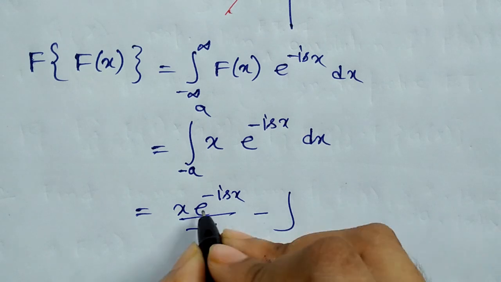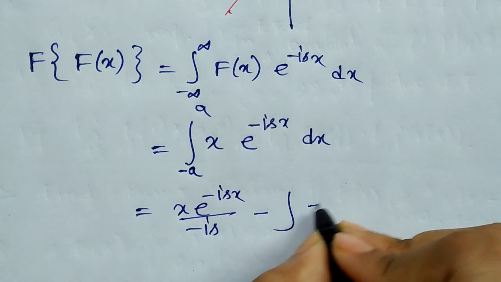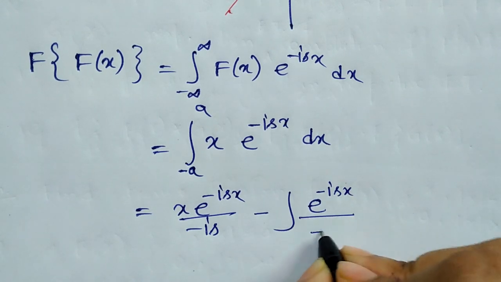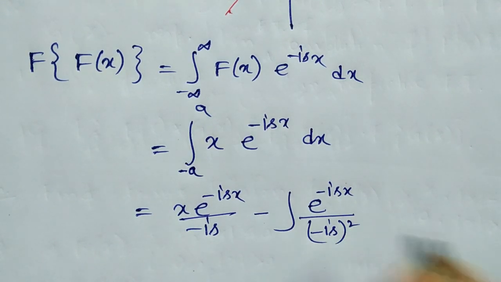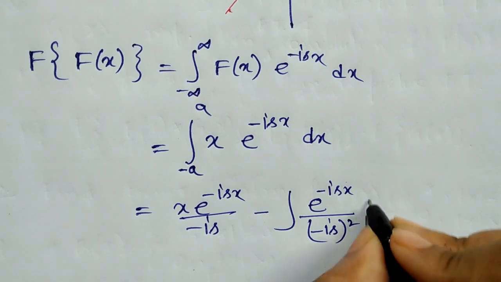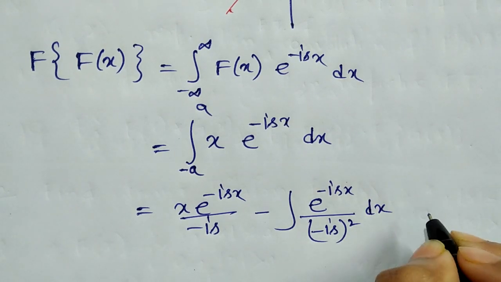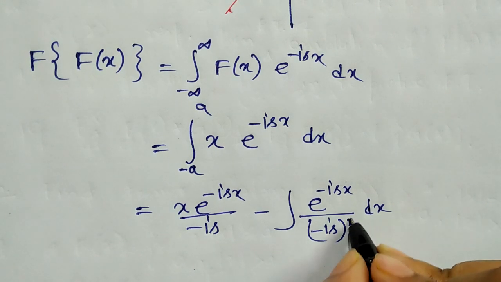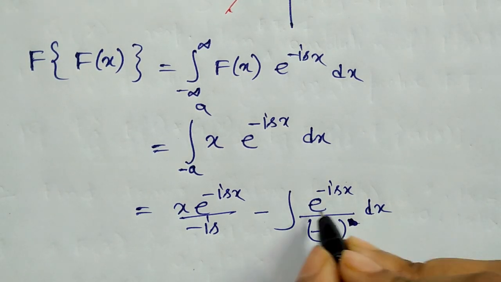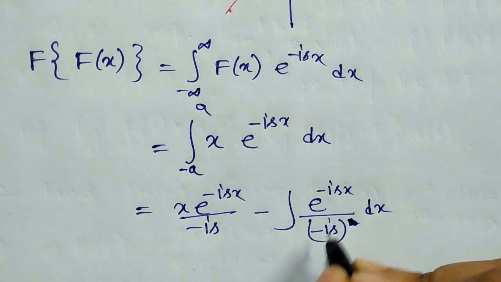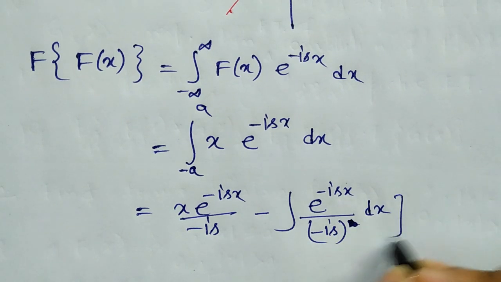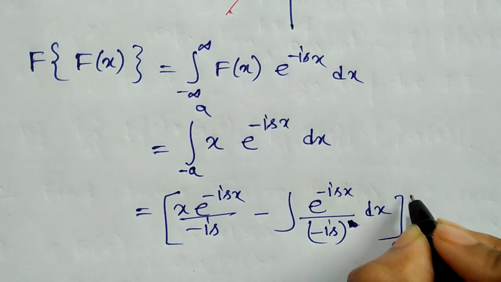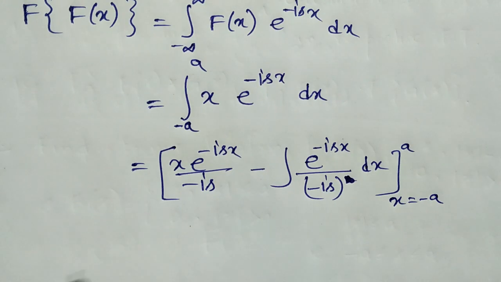x, that is 1. Again integrate this, so e to the power minus isx by minus is, dx. Not squared, e to the power minus isx by minus is, with x equal to minus a to a, the range of integration.